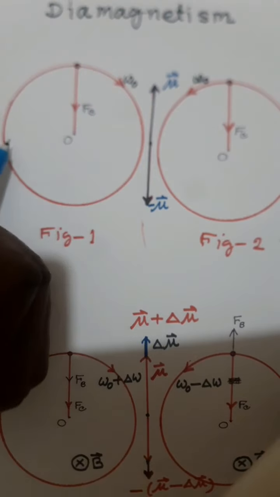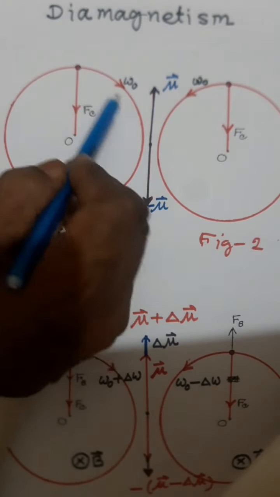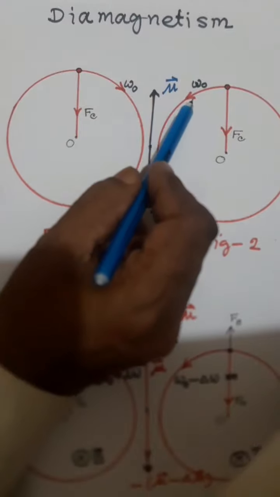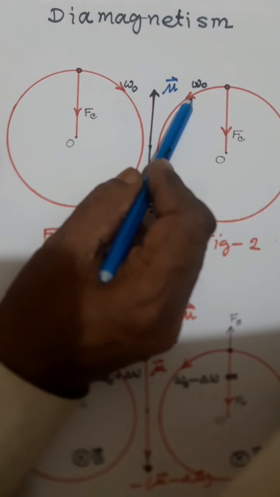Clockwise revolution makes an anti-clockwise current and anti-clockwise revolution makes a clockwise current.